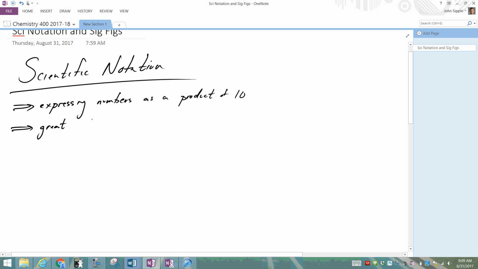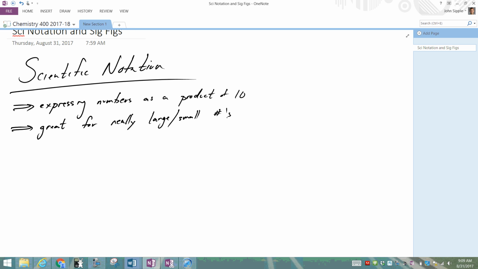It's great for really big numbers and really small numbers, because it just makes your life easier. You don't have to write out like 20 zeros or whatever it might be.